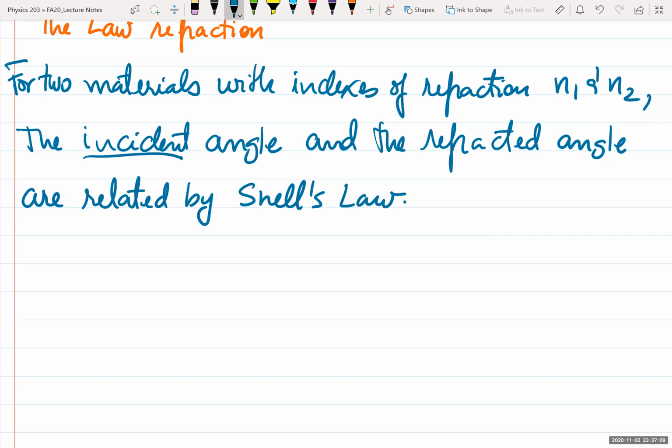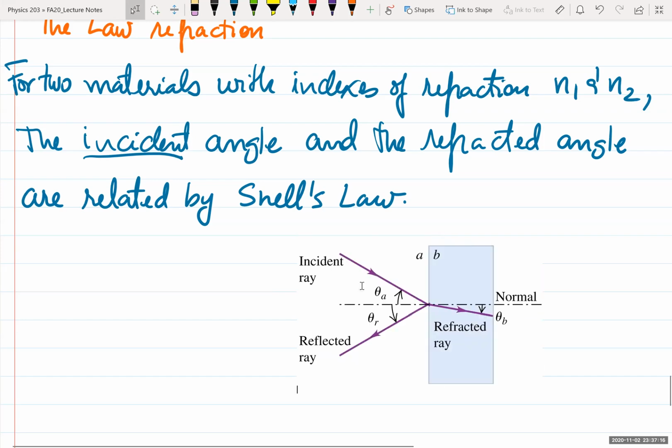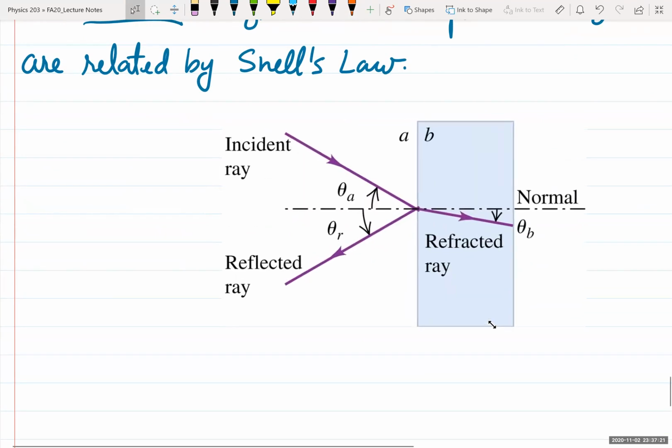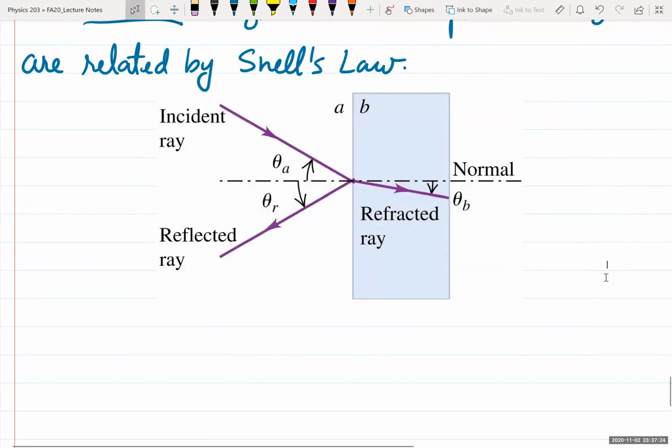Okay. So let me bring you a picture of the angles that we're talking about, and then we're going to write down Snell's law. Theta sub A is our incident angle, and theta sub B is our refracted angle. And these two are related by Snell's law. N1 is the index of refraction on the incident side, and N2 is the index of refraction for the refracted side.